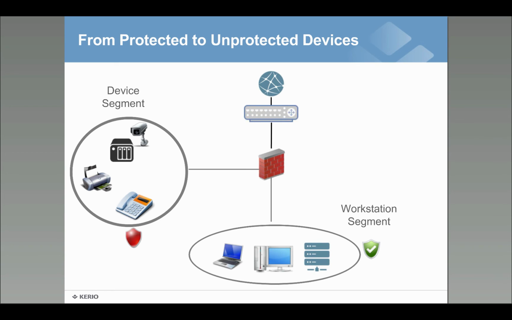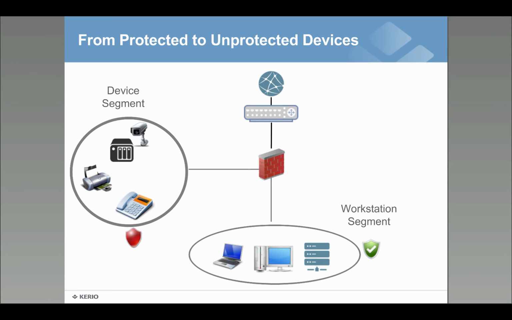In the device segment, we put all those so-called headless devices because they don't have any displays or monitors whatsoever, and they of course have no self-protection. In the other segment, we usually put the workstations, servers, maybe network storage if it's professional.